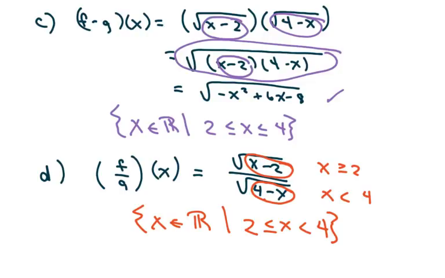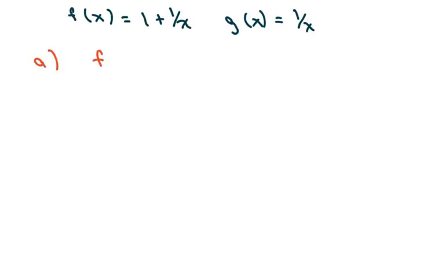Okay, now the next set we have is f of x equals 1 plus 1 over x, and g of x equals 1 over x. For a, we have f plus g of x.